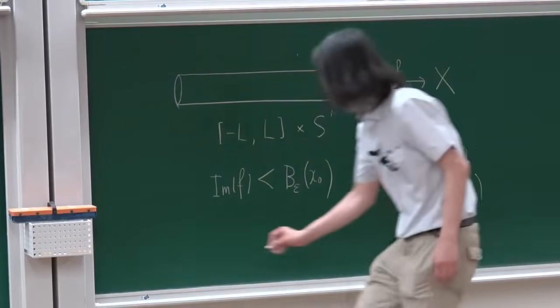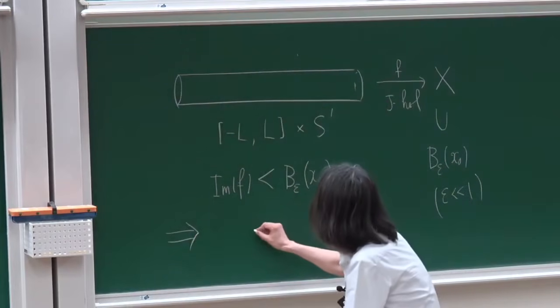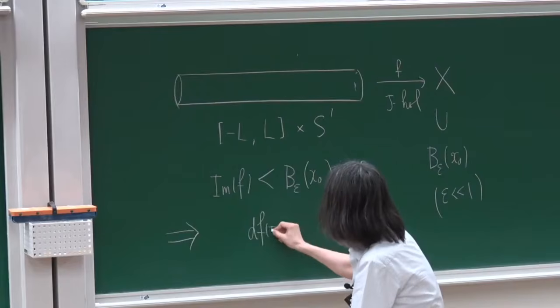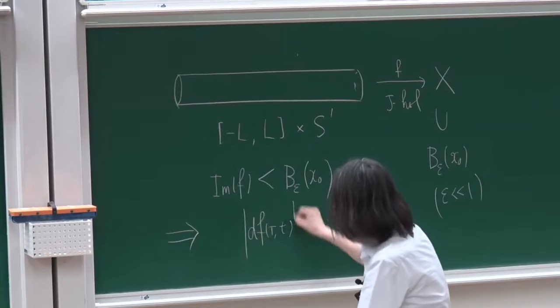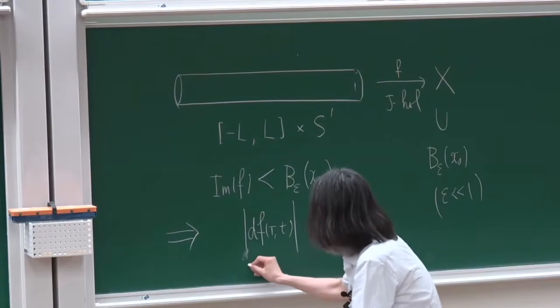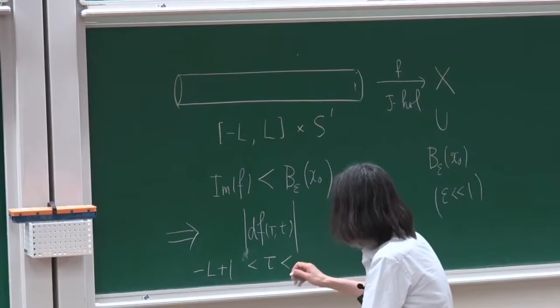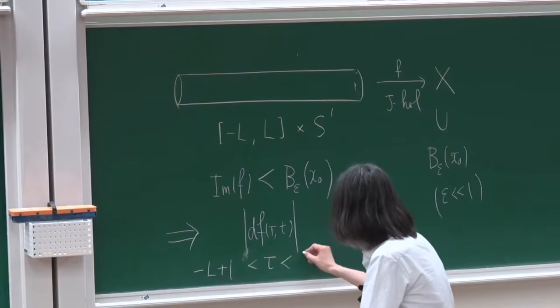Then we have the following estimate. I have this df at (tau, t), and then take its norm. Here tau is between minus L plus 1 and L minus 1.